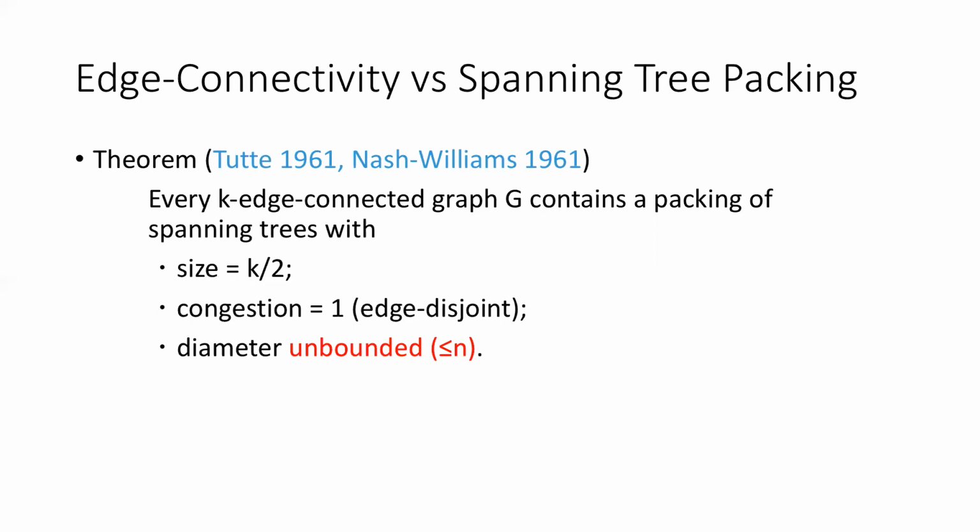This beautiful theorem has numerous algorithmic applications, but unfortunately, it provides no guarantee on the diameter of the individual trees in the packing. And in the worst case, the spanning trees may have diameter as large as n, even if the diameter of the original graph is very small.